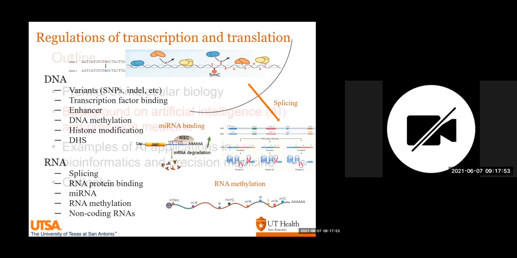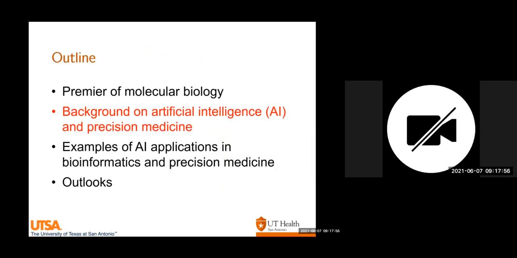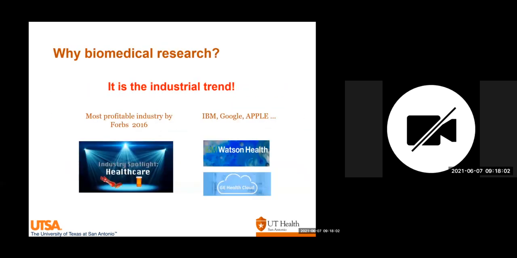So therefore, let me quickly touch upon some of the background on AI. I guess you have already listened to a couple of lectures last week on AI. So let me quickly touch upon that, but mainly focus on its relationship with biomedical research. So first of all, why do we do biomedical research, right?